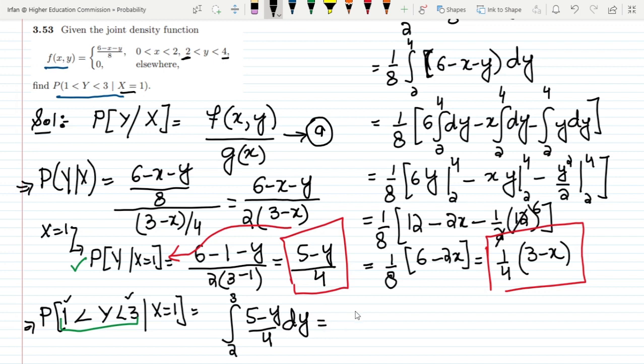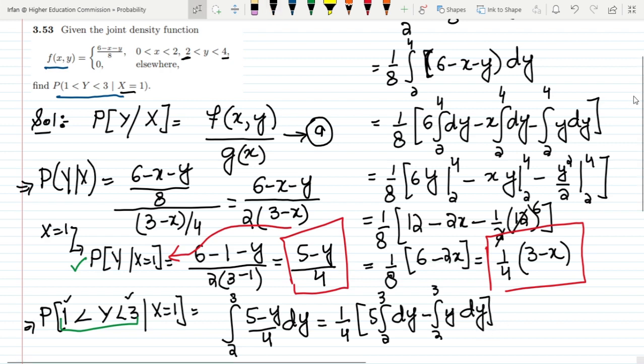So here, putting the values, it will be 1 by 4, and the integral of 5 from 2 to 3 dy, and also minus the integral of y from 2 to 3 dy. So this is what we have.